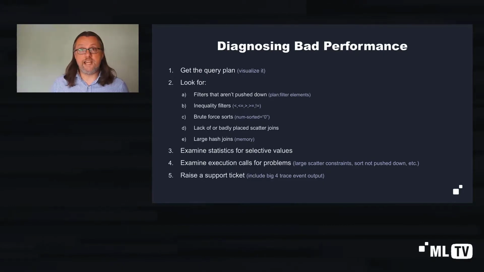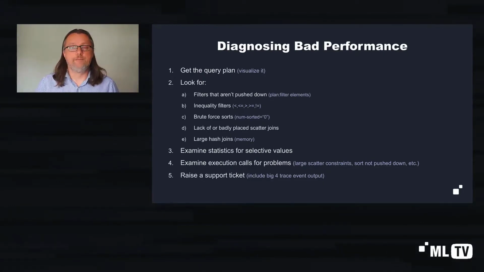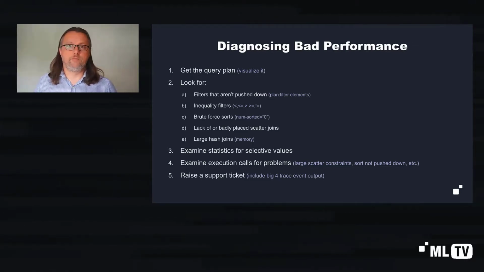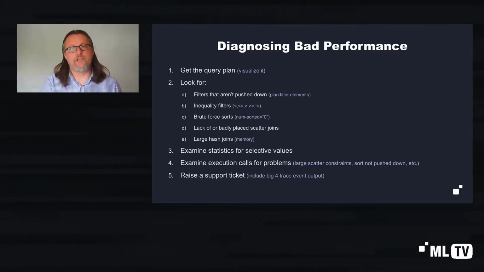So to recap what we've just looked at, number 1, get the query plan. Do get the query plan, become familiar with them and understand what might be going on there. Visualize it potentially with that visualizer project. And things to look for are filters that aren't pushed down, inequality filters or other filters that we haven't got good statistics for, brute force sorts, the pattern of scatter joins and whether that's passing the restrictive information around the plan well, and large hash joins as well potentially.